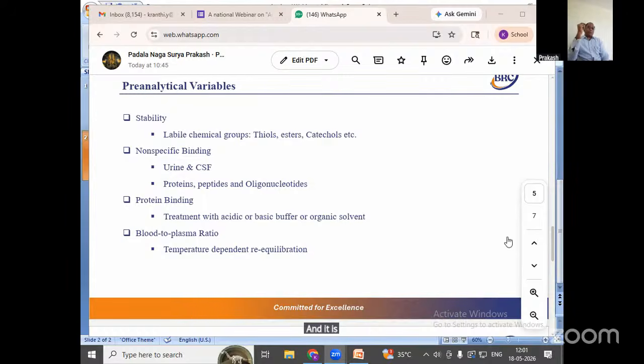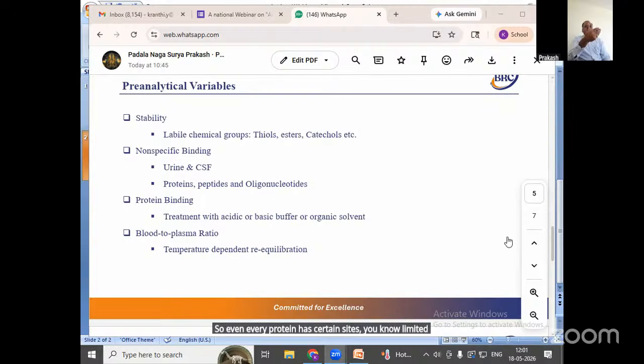is basic in nature. Since it is basic in nature, the acidic and neutral drug molecules will primarily bind to albumin. Every protein has limited sites.